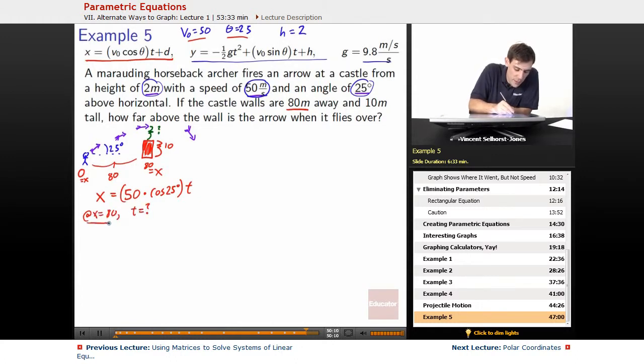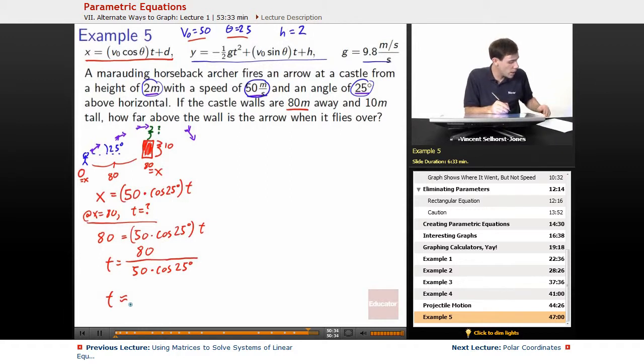We plug in 80 equals 50 times cosine of 25 degrees, times t. Dividing, t equals 80 over 50 cosine 25 degrees, which is approximately 1.765 seconds. So after 1.765 seconds of flight time, the arrow is at the walls.